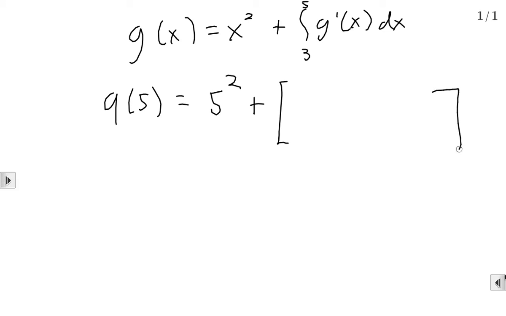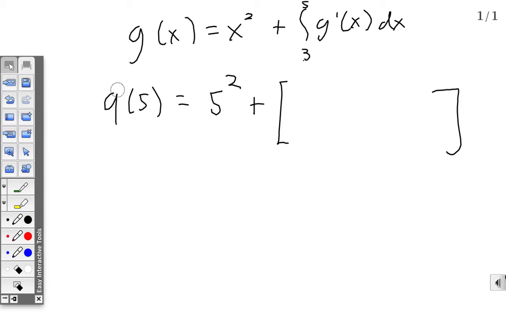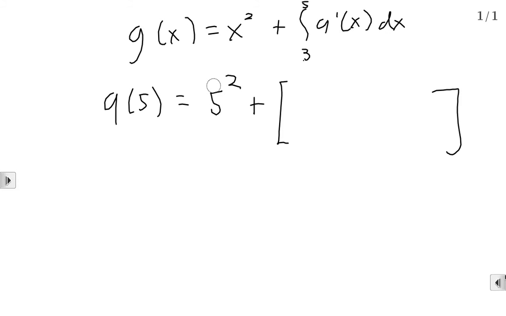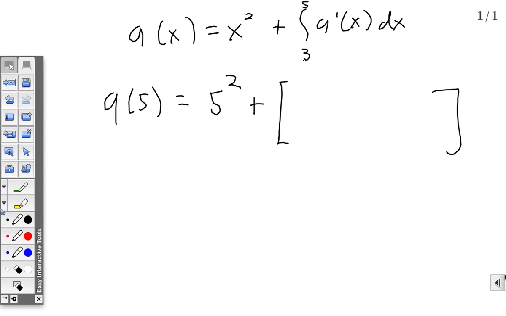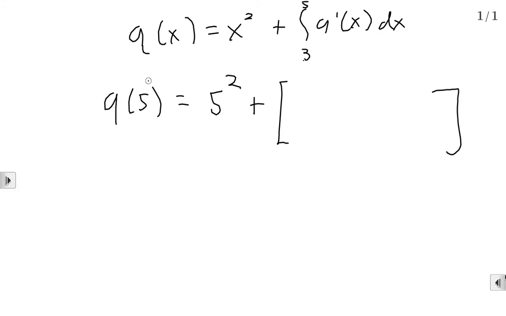Well, this is the integral from 3 to 5 q prime. And I know I've got these things that look like g's. They're really supposed to be q's. I'm sure if you just cut the tail off, it's a q, right? All right, let's q it. Anytime you see the integral and you're given values and you have a derivative here, it's almost always testing, do you know the other side of this equation?